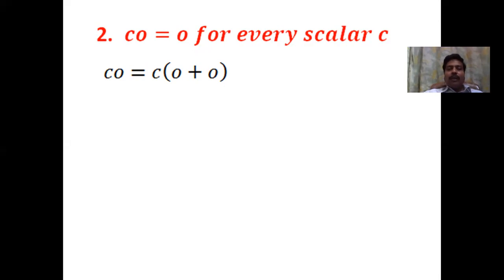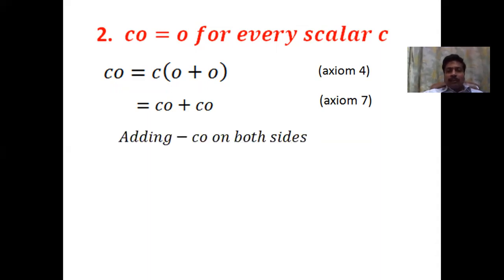We have already got the vector distributive law. With that, we can write it as cO plus cO. That is axiom number 7. And cO is a vector in V, so you can find minus cO since V is a vector space.